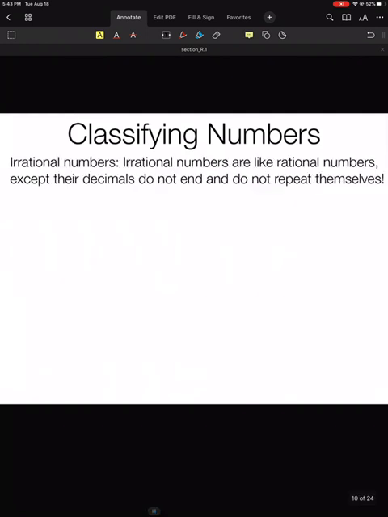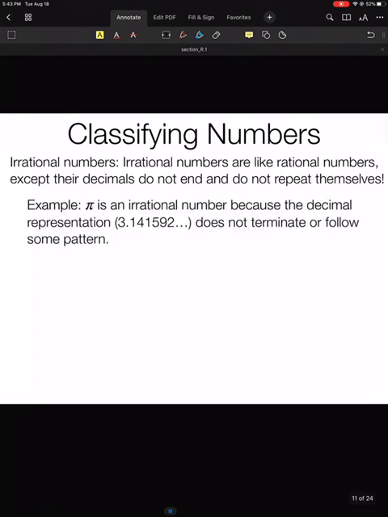Now we'll get to maybe an even more weird set of numbers. It's the irrational numbers. Irrational numbers are very similar to rational numbers, but their decimals do not end, so they have to keep on going, they don't terminate, and there is no apparent pattern. They don't repeat themselves. The most popular irrational number is pi.